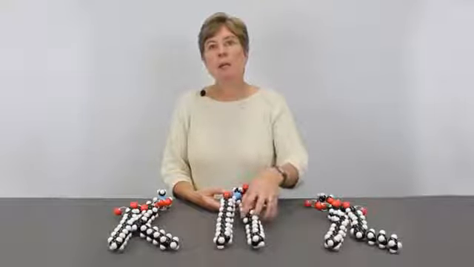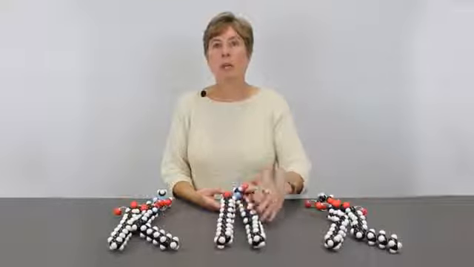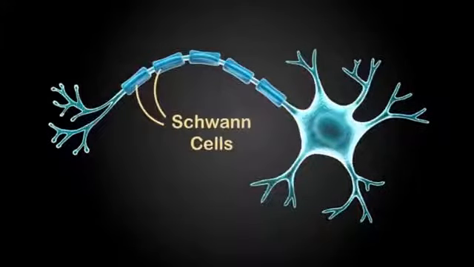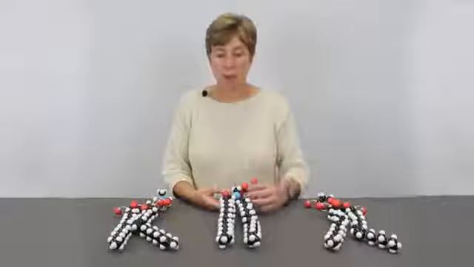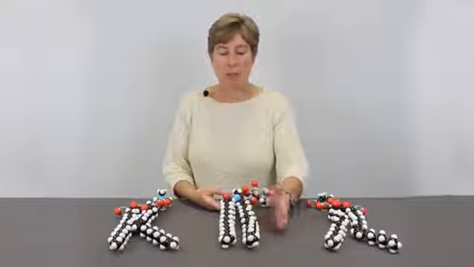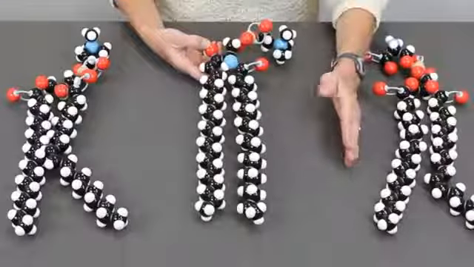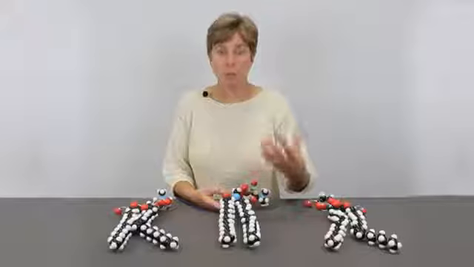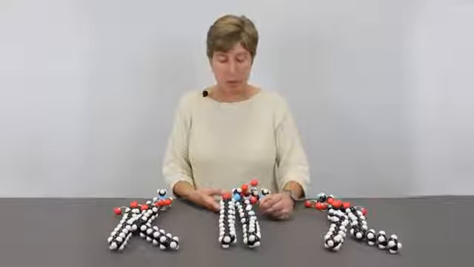So in the cells of the nervous system, the Schwann cells and the oligodendrocytes that make up the myelin sheaths, they are very highly enriched for sphingomyelin, hence the name. Their lipids, because they're very linear, tightly pack, and they're specialized for certain types of cells, like those that form the myelin sheaths.